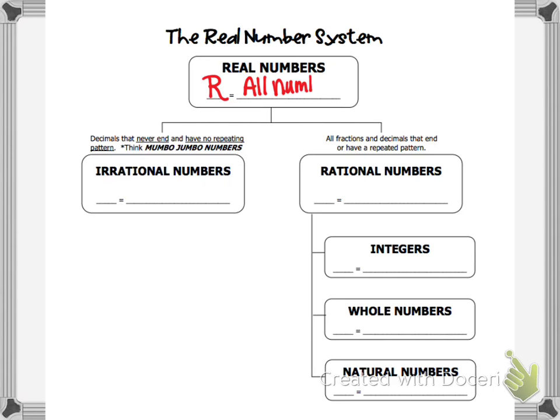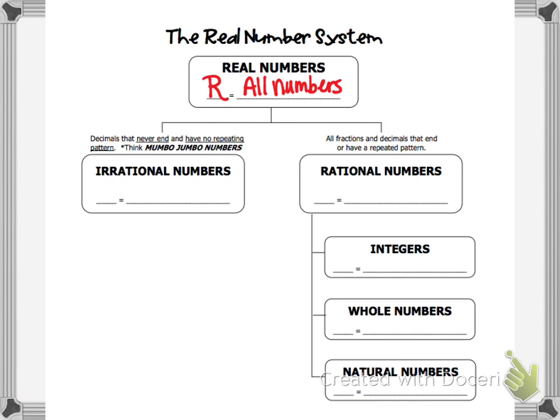Okay, all numbers that you are aware of right now would be considered real numbers. So that's any number that you know. So whenever it's asking you to list all of the systems that a number belongs to, make sure that you put real numbers on every single one.